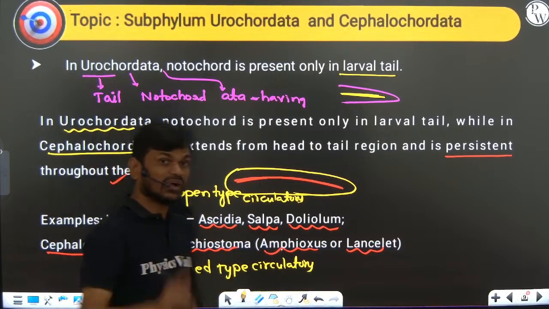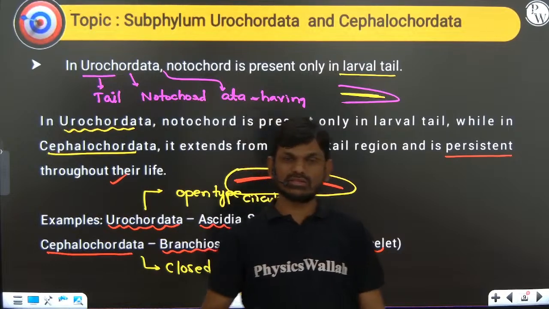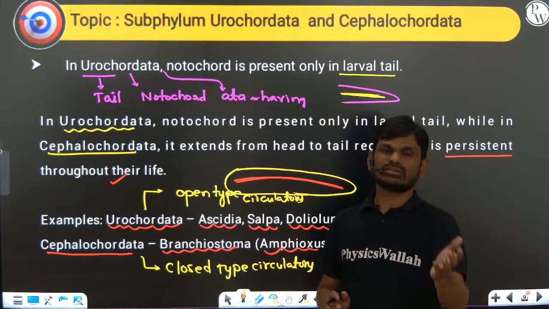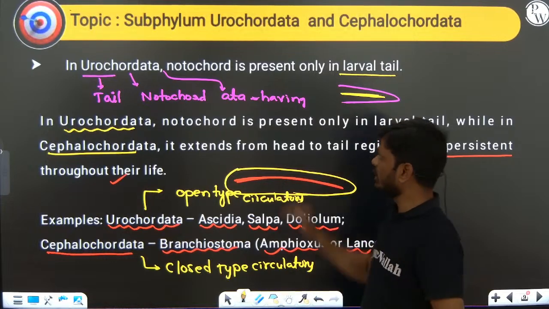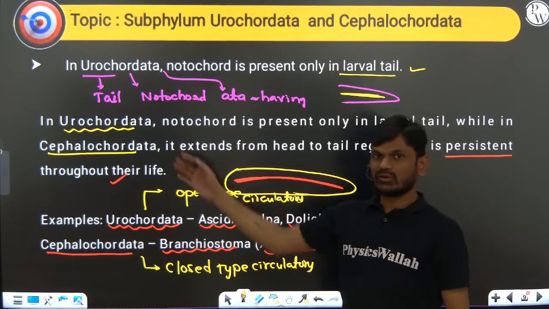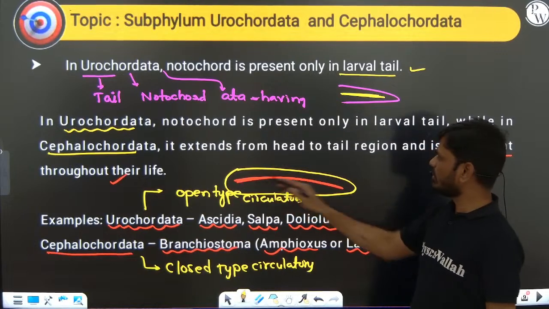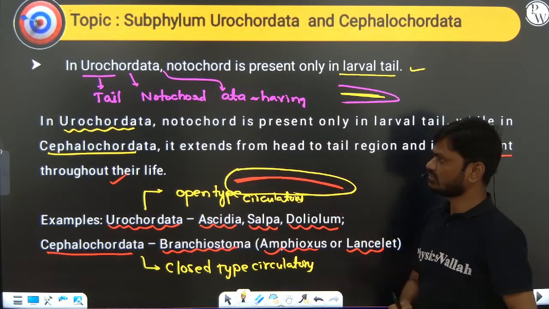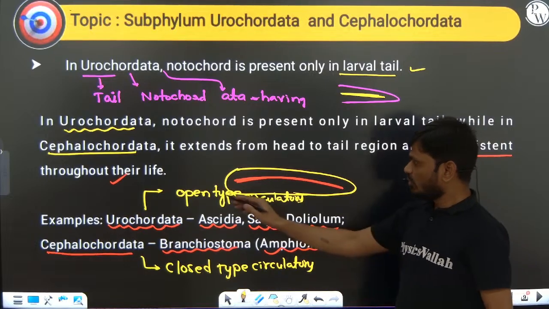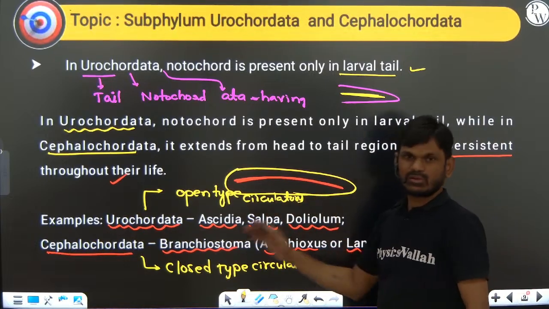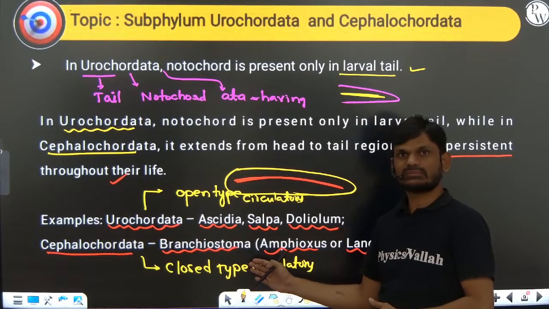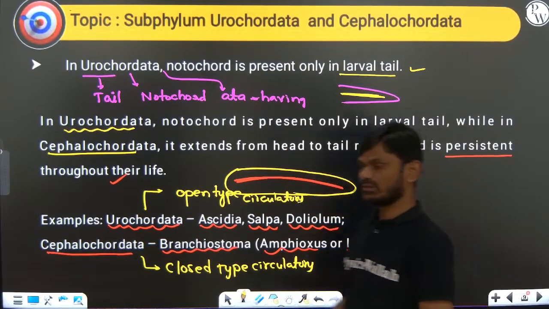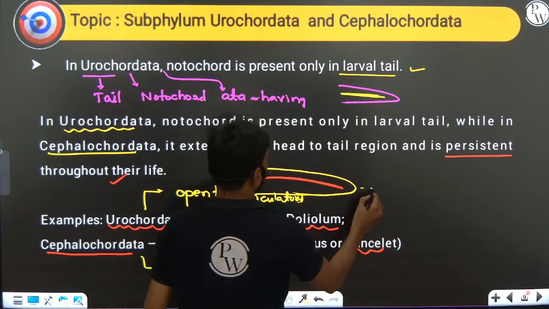So what is common between Urochordata and Cephalochordata? In Urochordata, the notochord is located in the tail region in larval form. In Cephalochordata, the notochord is present from head to tail throughout life. That is also a difference. Here an open type circulatory system is present, there a closed type. What is common between these? The common feature is that both are marine.